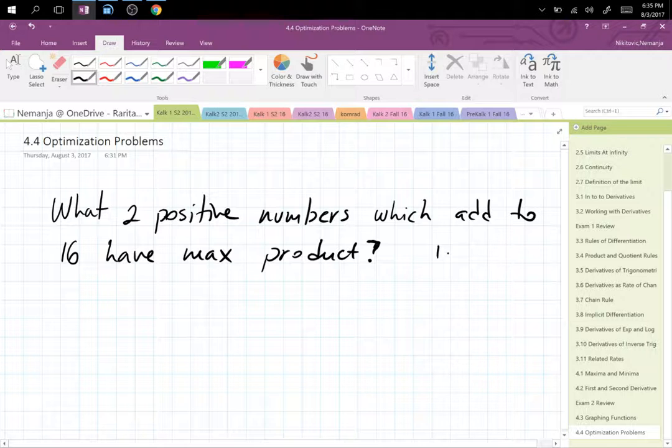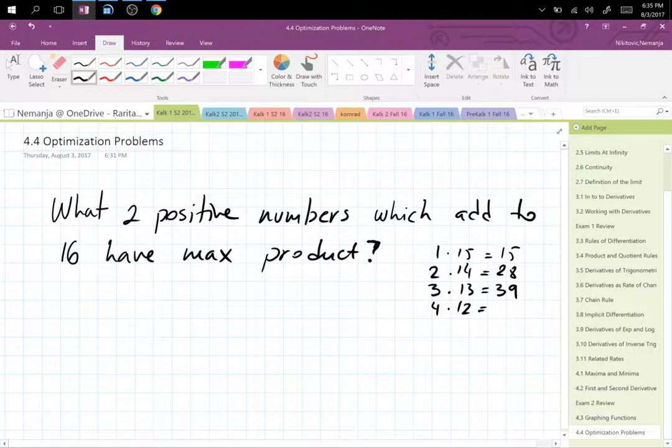You can go 1 times 15, because that adds to 16, is 15. 2 times 14 is 28. 3 times 13 is 39. 4 times 12 is 48. 5 times 11 is 55. 6 times 10 is 60. 7 times 9 is 63. So see, it's getting better, right?